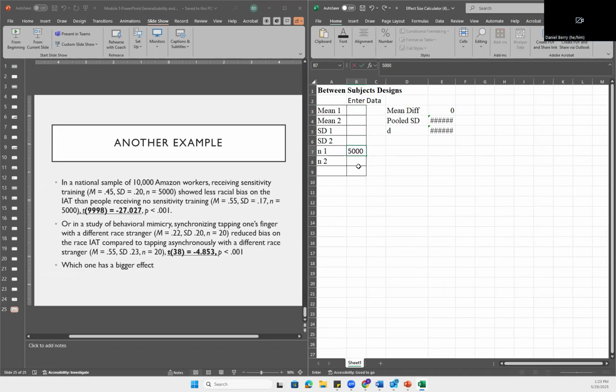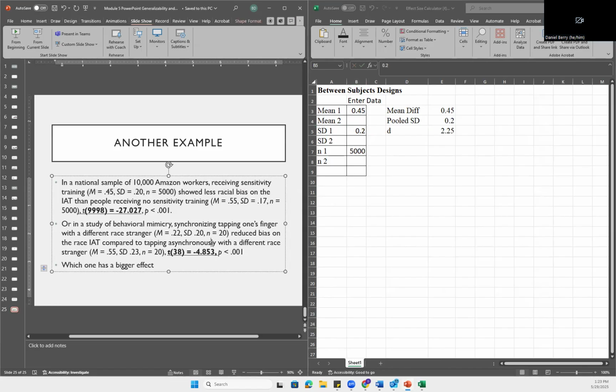In one group, we have 5,000 people who receive the sensitivity training, and their mean on this task is 0.45, with a standard deviation of 0.20. I'm pulling this information from right here. We found that they showed less racial bias than the other 5,000 people who did not receive the training. These are their bias scores, and they had a standard deviation of 0.17.